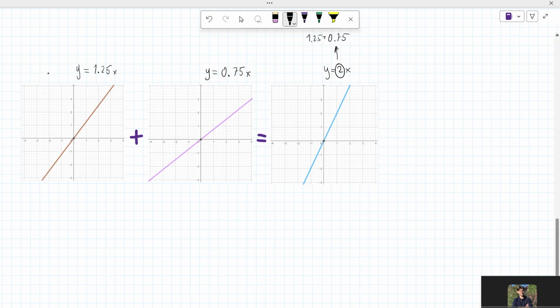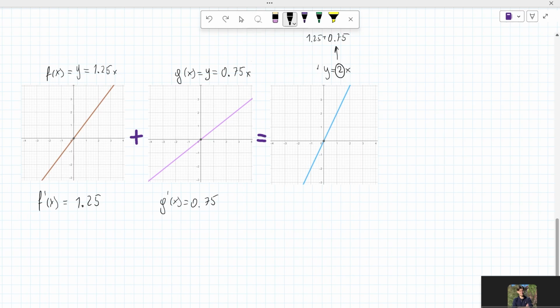So if I call this function f of x, its gradient, its derivative, so f prime of x, to remember different notation, is going to be 1.25. That's the value of the gradient. If this is g of x, then the gradient of g of x is 0.75. And how did I get this function, this blue line?